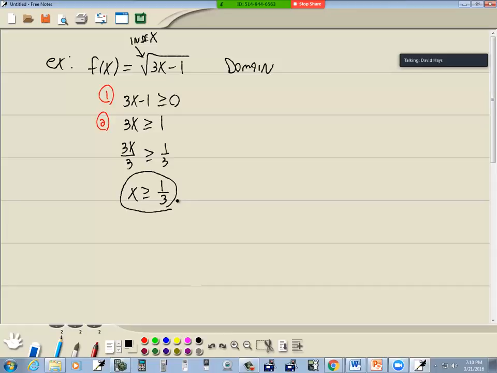Now that's our domain. If you want to write it in interval notation, it'd be a bracket because it's a greater than or equal to. A line underneath means bracket. And then we go from 1/3 to positive infinity. So either way would represent the same values.